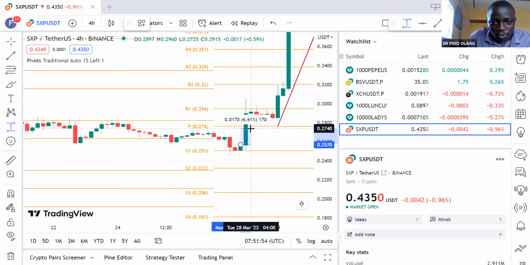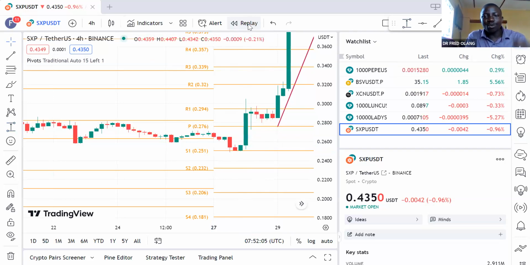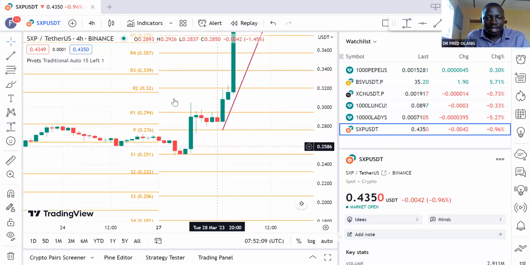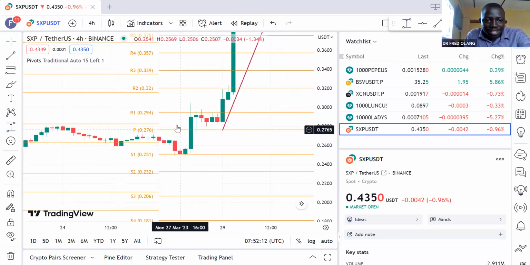Even if it's 6%, that was a wonderful trade. So all you have to do is just observe and wait to see what happens when the market comes back to that resistance. When it reached here, it moved through the pivot.